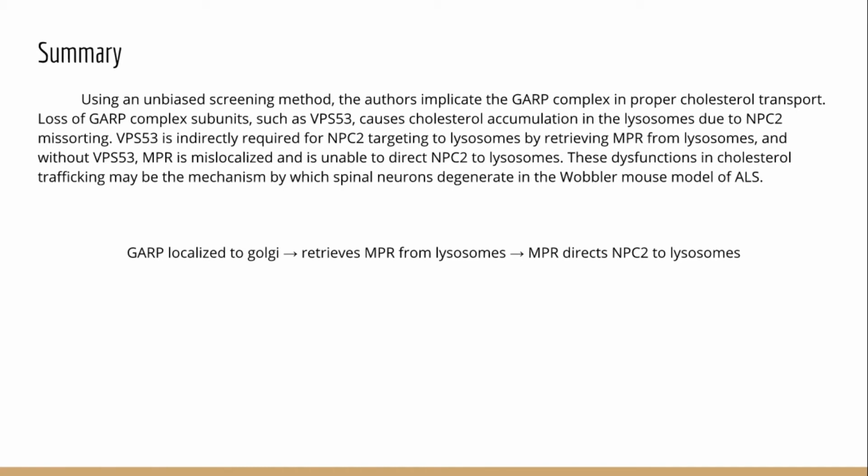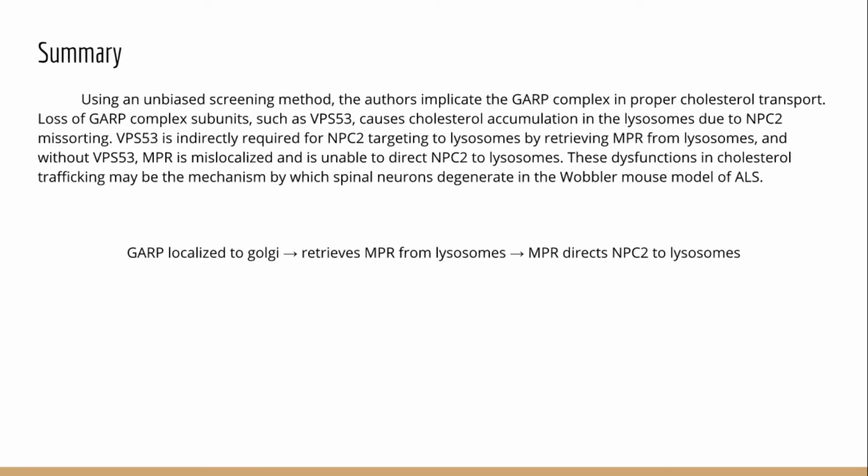VPS53 is indirectly required for NPC2 targeting to lysosomes by retrieving MPR from lysosomes. And without VPS53, MPR is mislocalized and unable to direct NPC2 to lysosomes. These dysfunctions in cholesterol trafficking may be the mechanism by which spinal neurons degenerate in the wobbler mouse model of ALS.